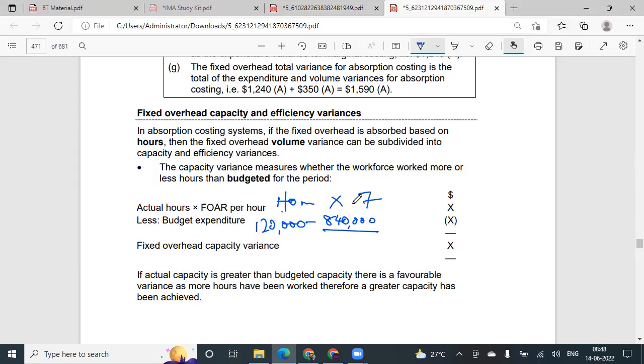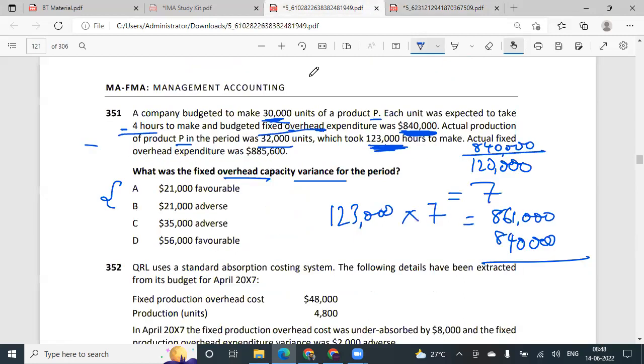Here you are working 1,20,000 hours. So it will become a favorable variance. Are you guys there with me? Favorable.